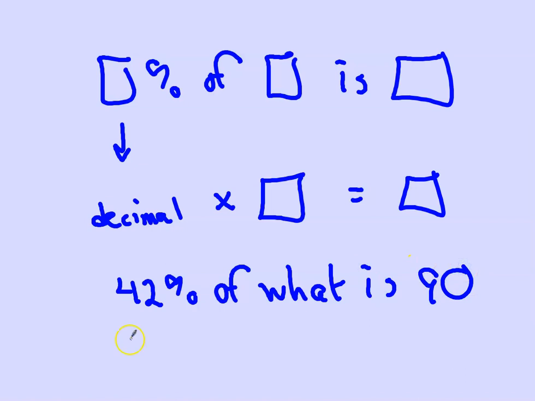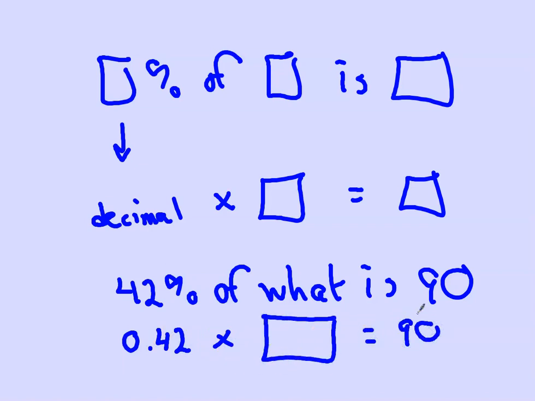We just said, look, we know it's 0.42 times whatever this is equals 90. And so we said, look, since this number is multiplied by 0.42 to get 90, how about if we just divide by 0.42 and we'll have our answer.